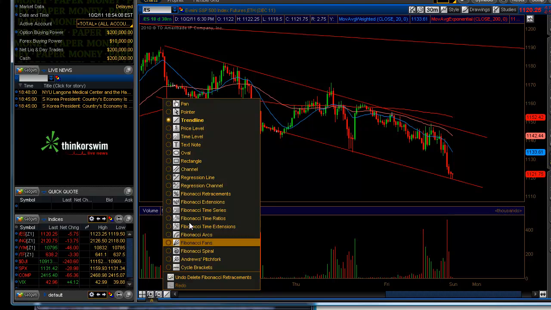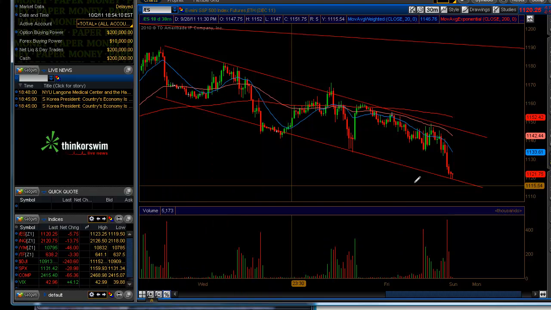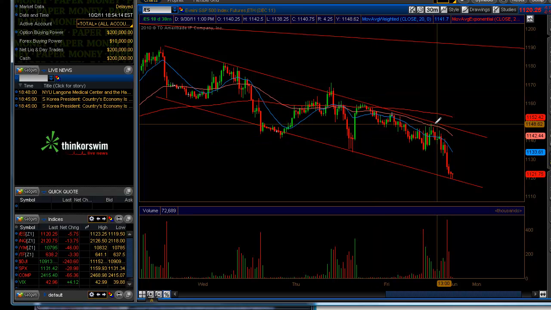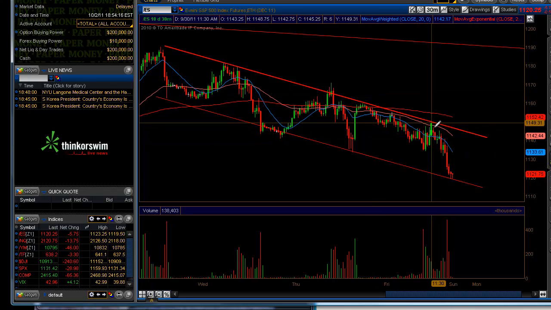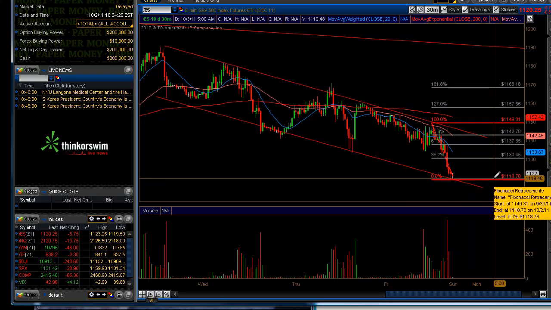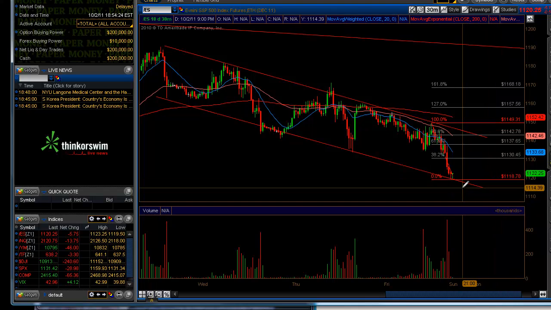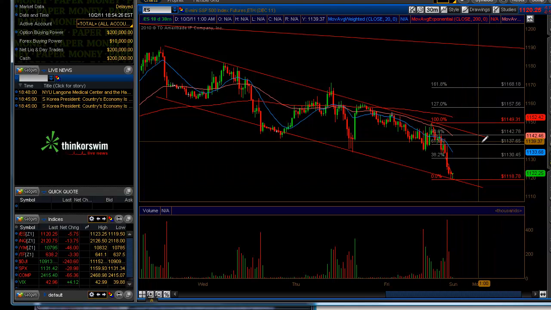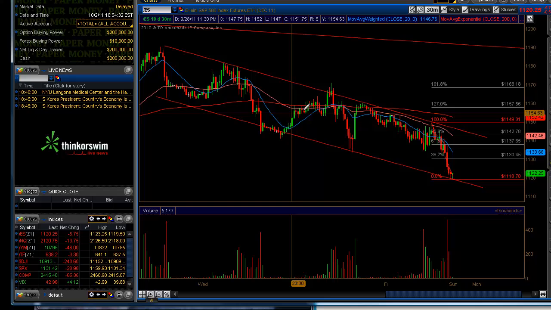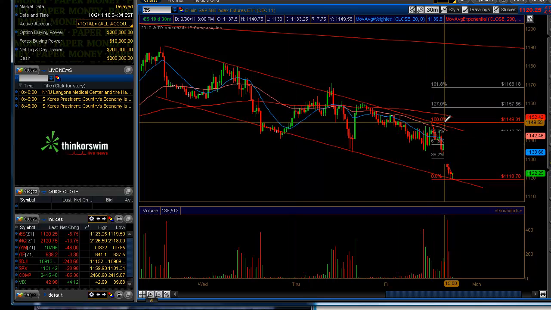Okay, let's draw that fib from the last pivot high here. We have a pivot here, and this one from the current position. So that upper trend line, the 786, is back up here. Alright, that's one thing to look at.